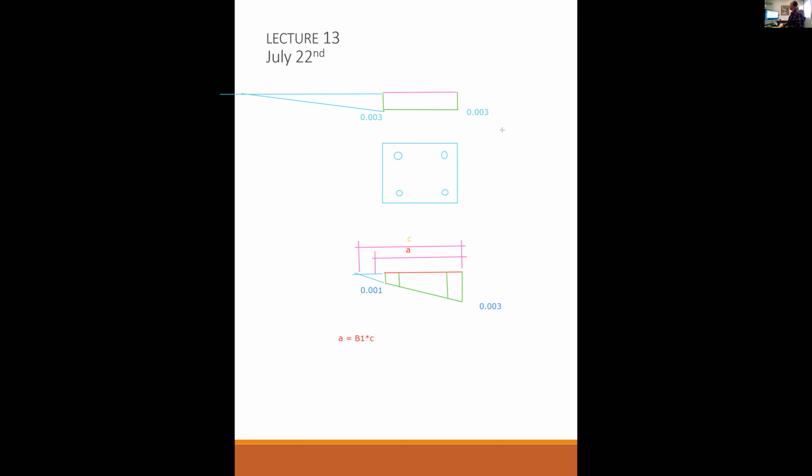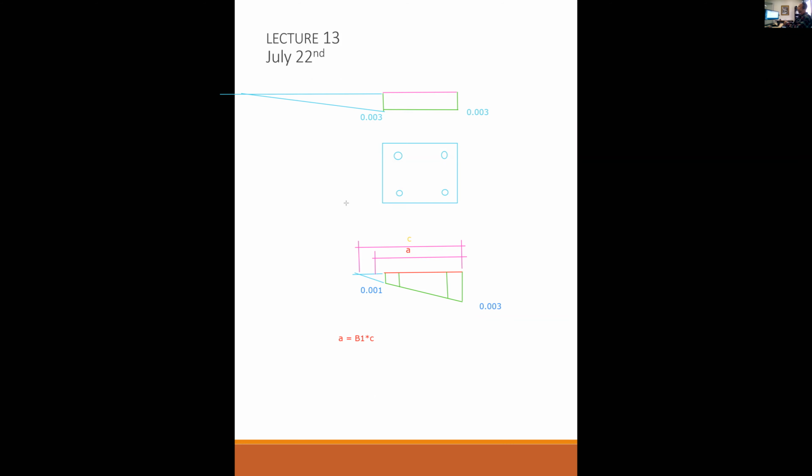Then beta 1 times c, if c is equal to 1,000,000 inches, then what's beta 1 times c? Something like 850,000 inches, okay? Well, that's ridiculous. You're not going to have compression over 850,000 inches. You're going to have compression just over the section of the column, which is what we did for P naught and Pn and phi Pn.